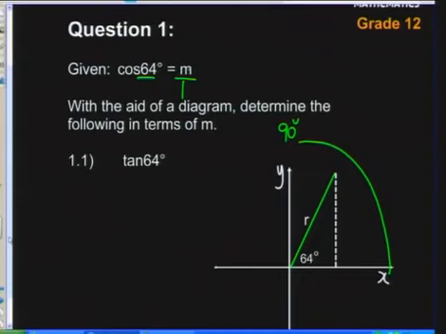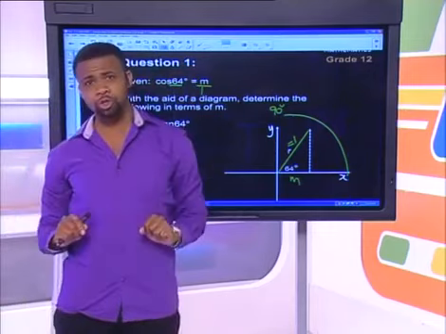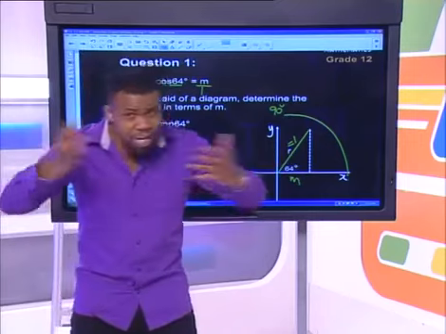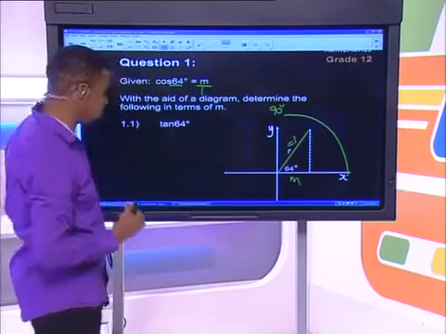Adjacent over hypotenuse. So this is the adjacent, the x-axis, and the radius in this case is 1. Try to complete the diagram. What is missing? I have a right angle triangle, the adjacent is m, the hypotenuse is 1. What can I do to find the missing side? I can use Pythagoras. Let's see what I get.